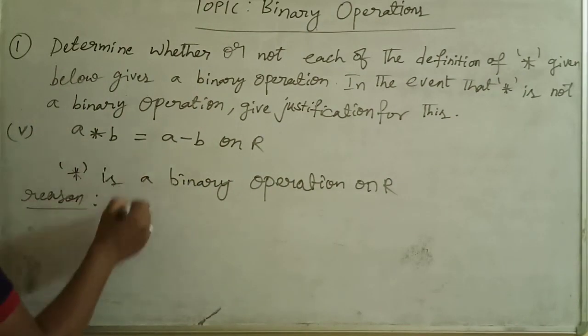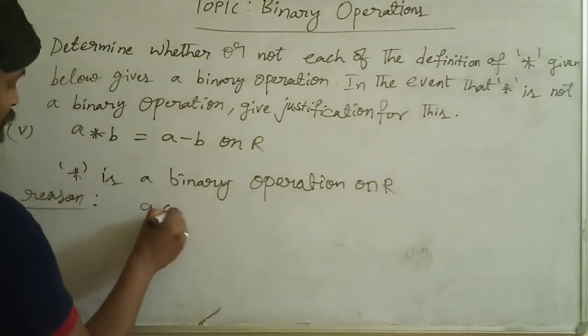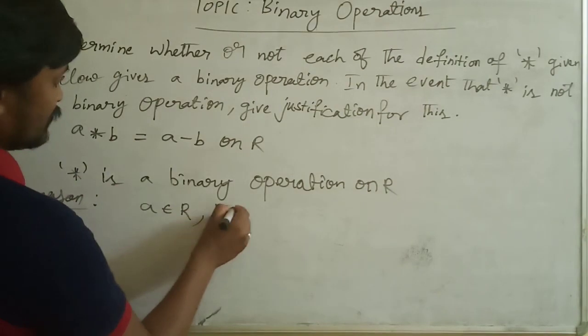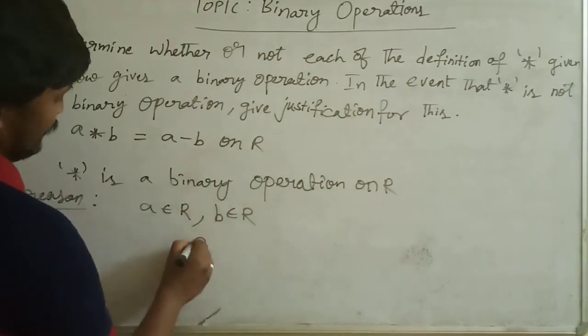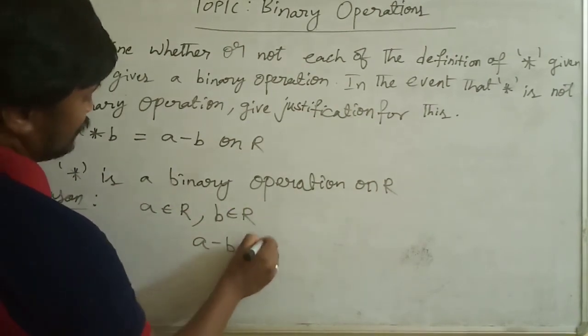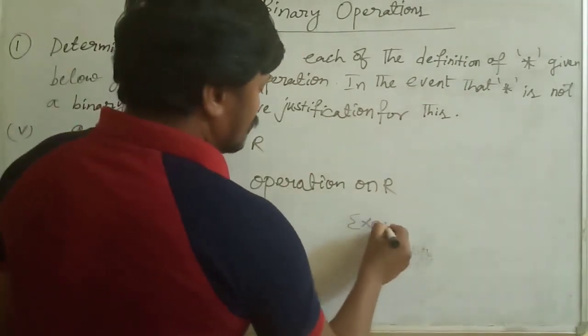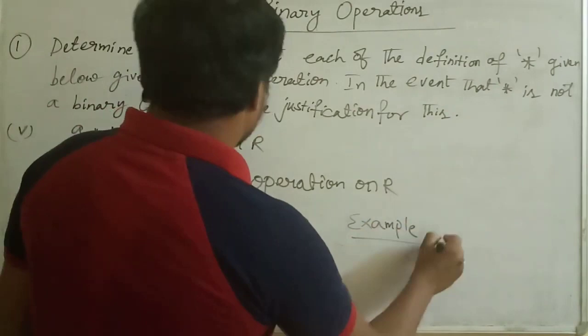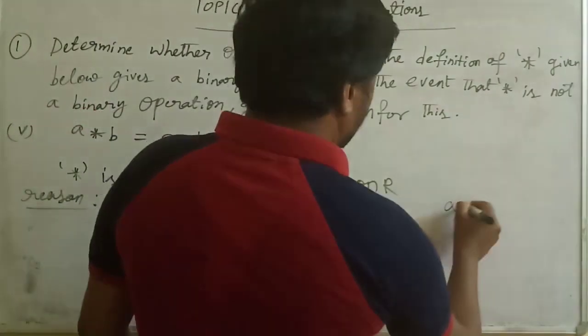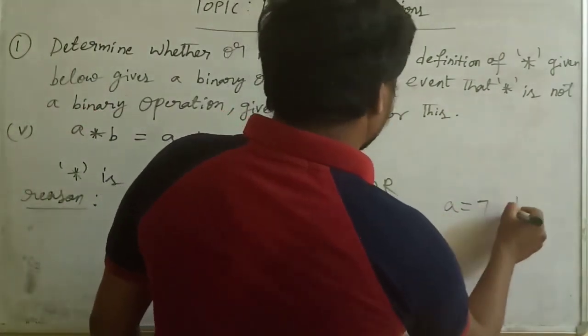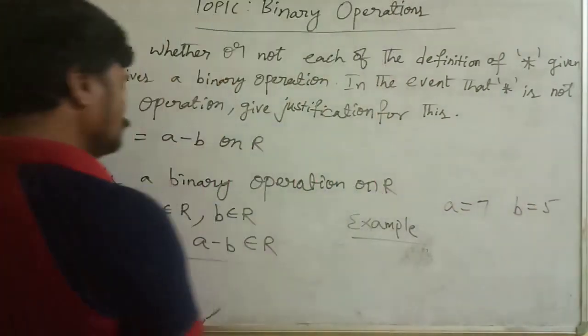so you can observe here. A belongs to R, B also belongs to R, and A minus B also belongs to R. Then, let me take one example here. Let me take A is equal to 7, B is equal to 5.